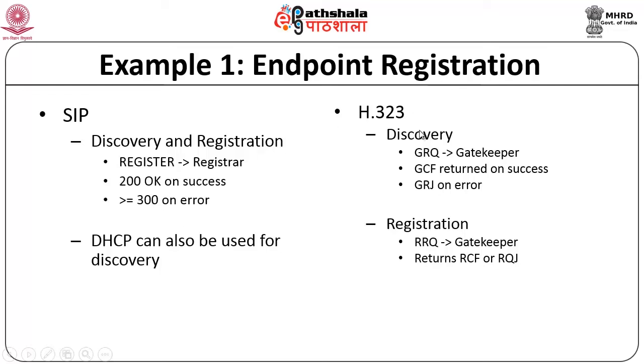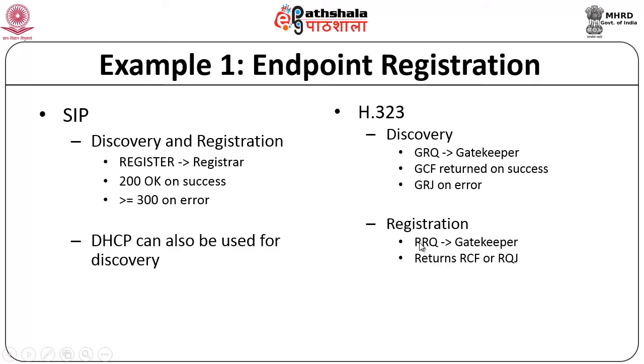Whereas in H.323, discovery is separate, registration is separate. Discovery is done by sending a message to the gatekeeper, called a gatekeeper request message, GRQ. If it is confirmed, it sends back a GCF, gatekeeper confirmation message, and a reject message, GRJ, on an error. This is for discovery.